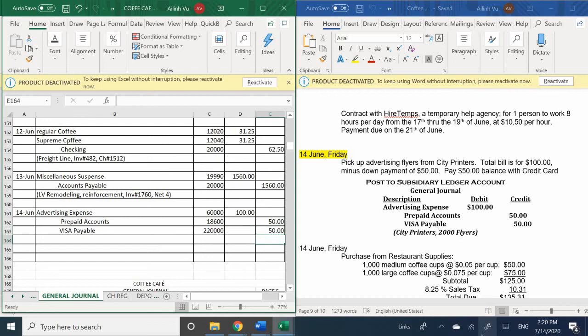Okay, and those should be equal. All right, and my description should be City Printers. Okay, there is no invoice or sales receipt number, but we can go ahead and indicate the 2,000 advertising flyers.